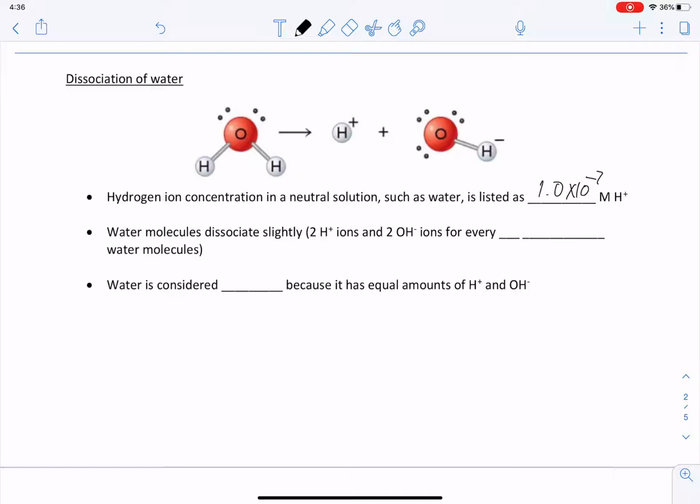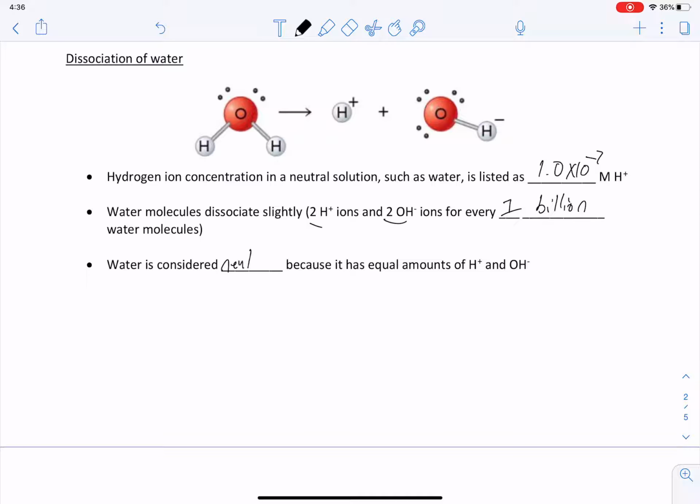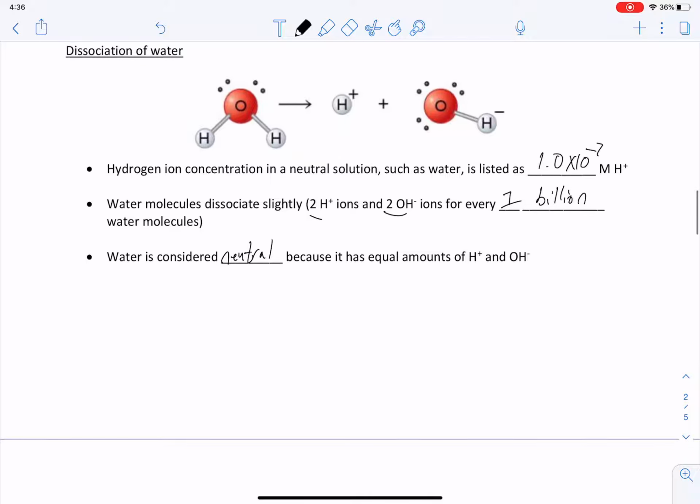Water molecules dissociate slightly, so we get 2 hydrogen ions and 2 hydroxide ions for every 1 billion water molecules. And water is right at the middle, it's right at 7, so water is considered neutral because it has equal amounts of hydrogen and hydroxide.